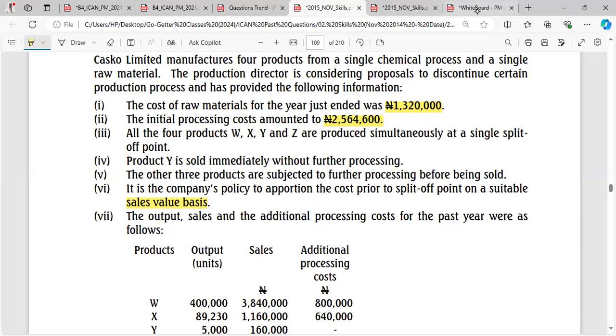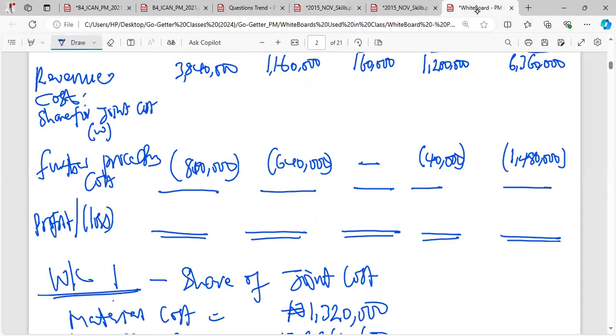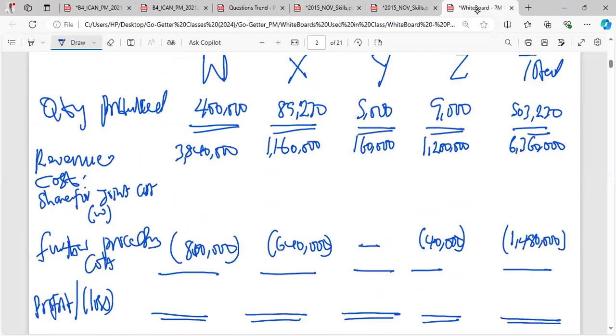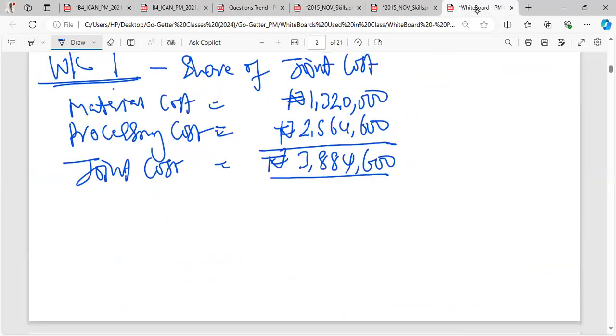In order to apportion the cost for W, this is what we are sharing, 3,884,600.